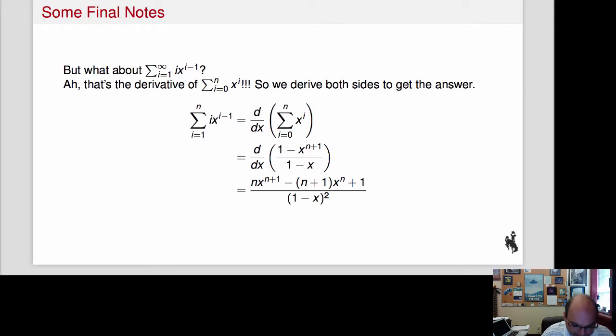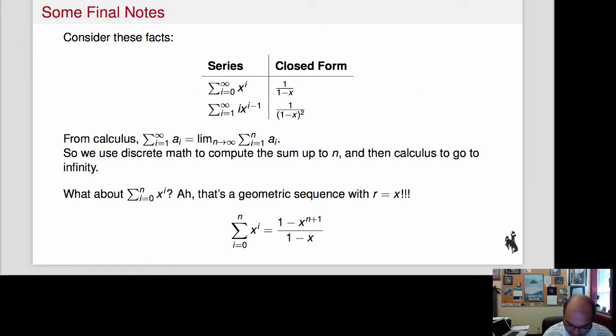Let's take the limit. Actually, hang on a second. Let me go back. When I take the limit of this, x to the n plus 1 is actually going to go to 0 if the absolute value of x is less than 1.